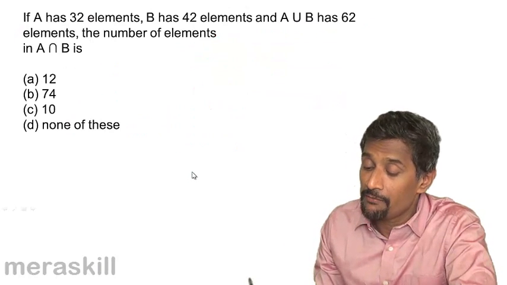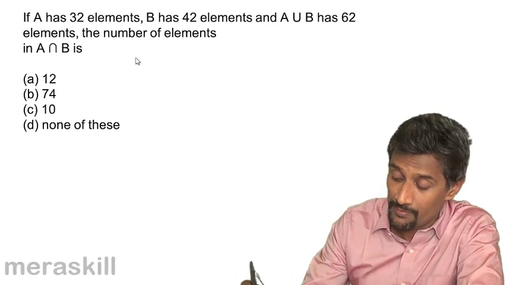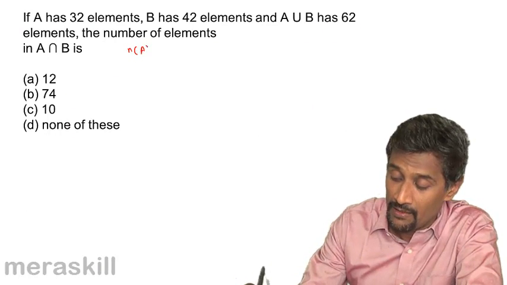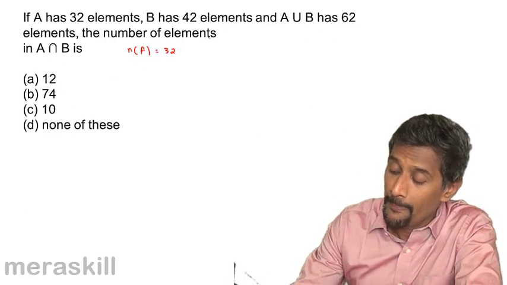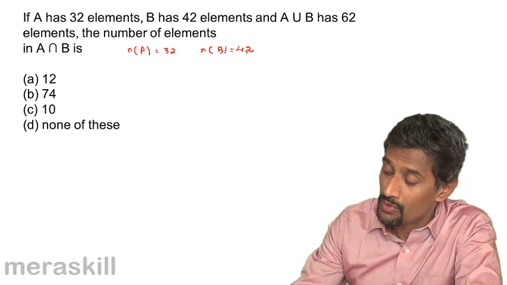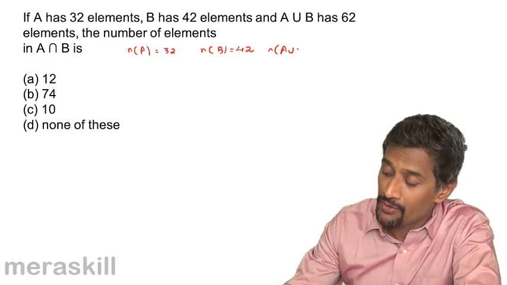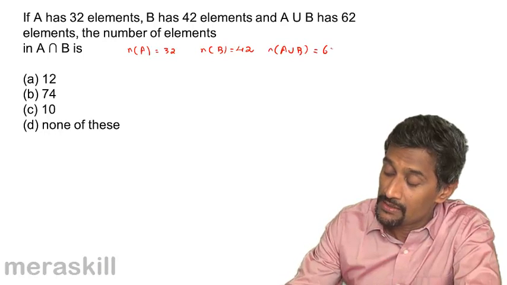Okay, now let's see if A has 32 elements, that is n of A is 32, n of B is 42 and n of A union B is 62.